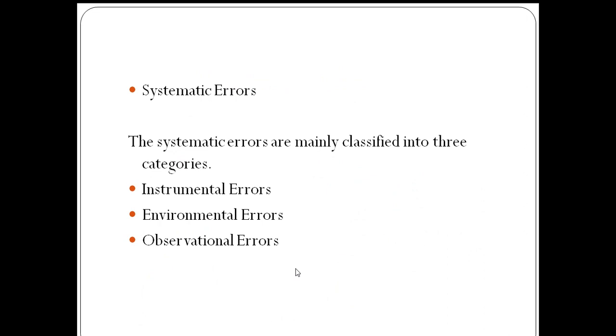And the systematic errors are mainly classified into three categories. They are instrumental error, environmental error, and observational error.